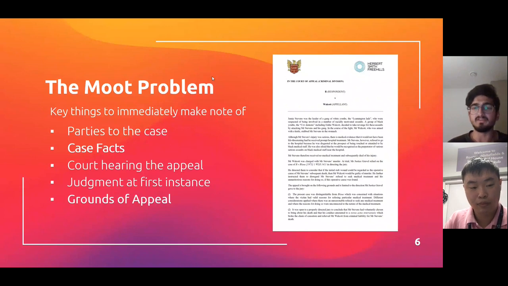Normally at the end of the problem, there'll also be the grounds of appeal, which are laid out. As the appellant, you will be developing your arguments from those grounds of appeal. Normally it's two. And as a respondent, your responsibility is to provide rebuttals to the arguments which the appellants will be making.